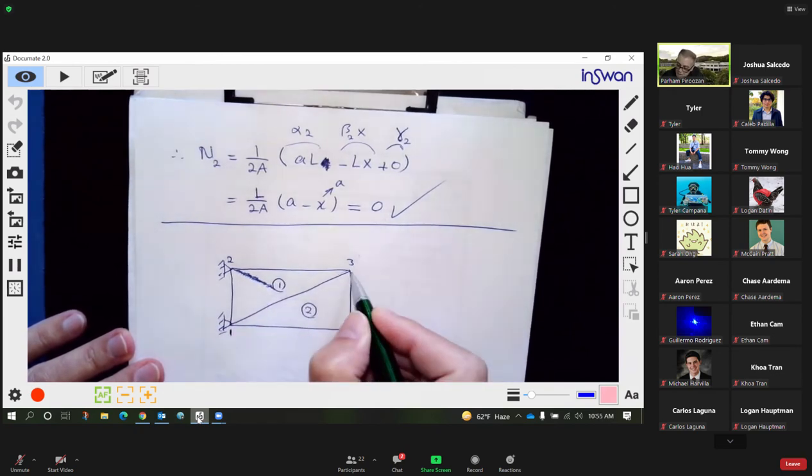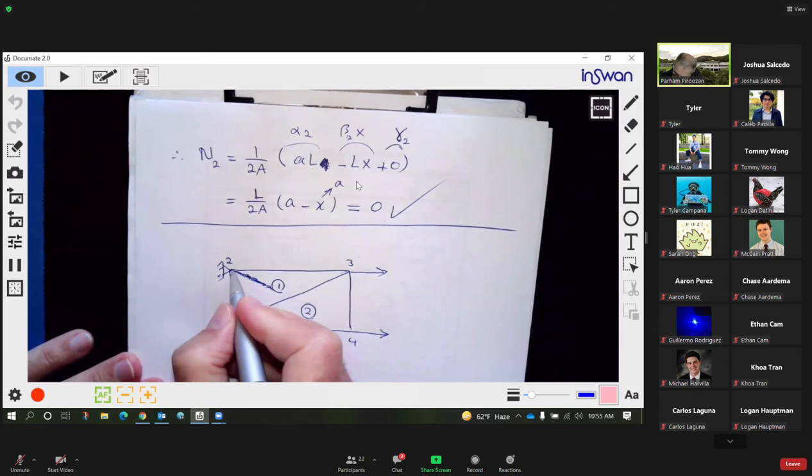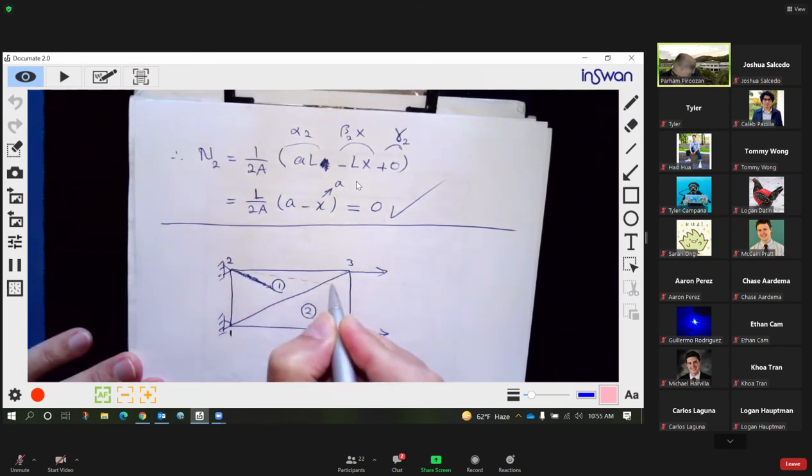Now, when we apply a force to this one, how is it going to deform? Let me show the deformation with this red color. We should have a displacement. I'm exaggerating, of course.